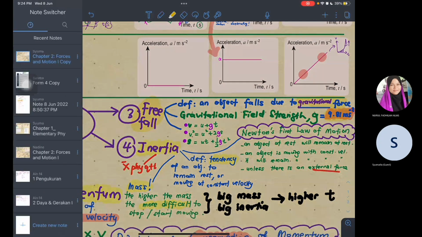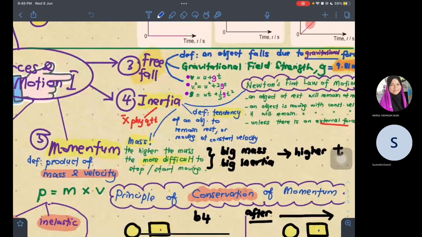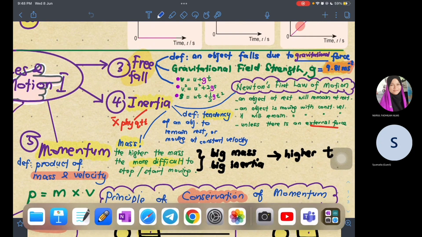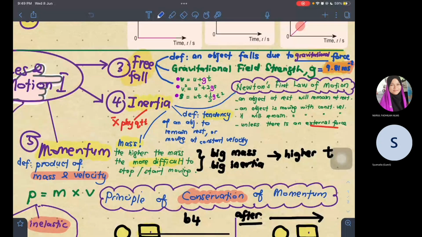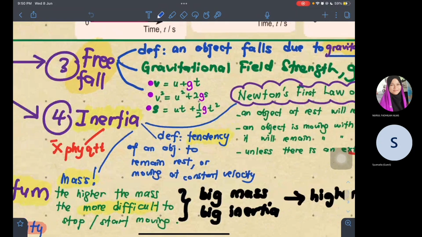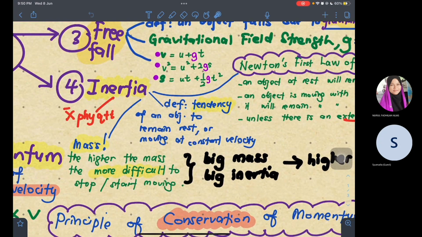Okay. And then, before we look at momentum, there is one more subtopic, inertia. So what is inertia? So that is actually inertia, the concept of inertia. So what is inertia? It has its own definition.